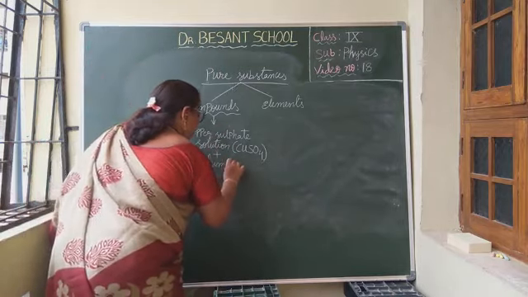So here a table is given in your textbook. See page number 50, mixtures and compounds. In mixtures, elements or compounds are just mixed together to form a mixture and no new compound is formed. That is called a mixture. Whereas in compounds, elements react to form new compounds. Shall we write this on the board?